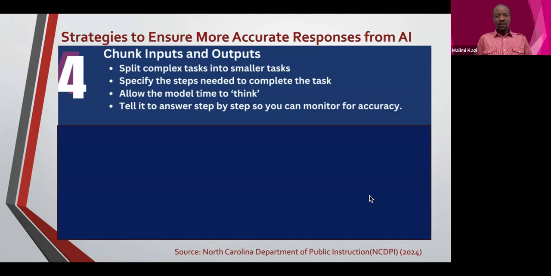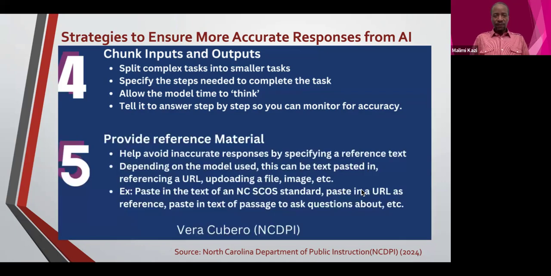So by giving small parts of the tasks to be executed at a time, it will provide good time for it to think and generate good responses. Also tell it to answer step by step so you can monitor the accuracy of the information produced.